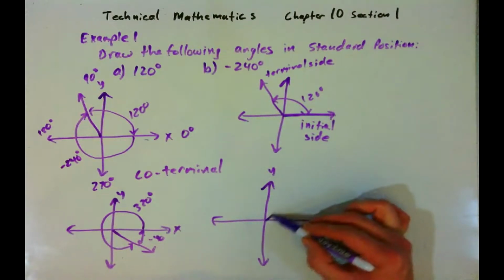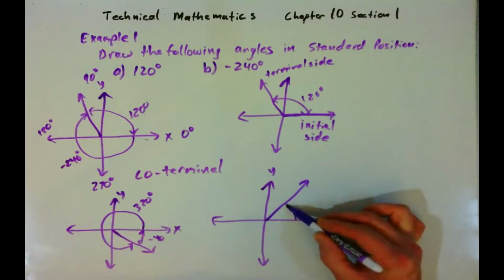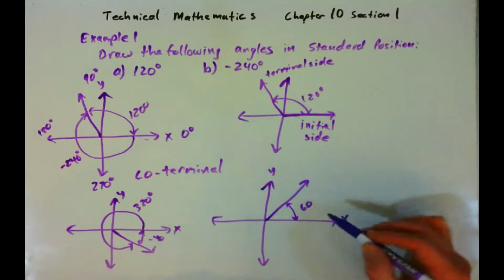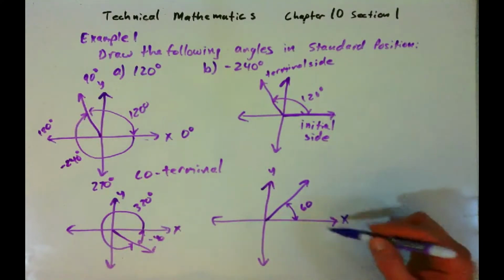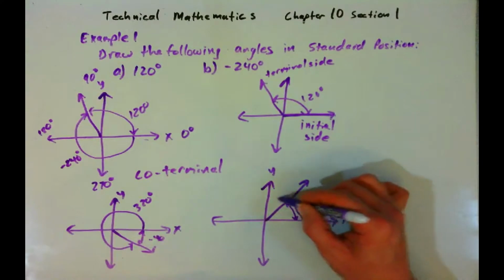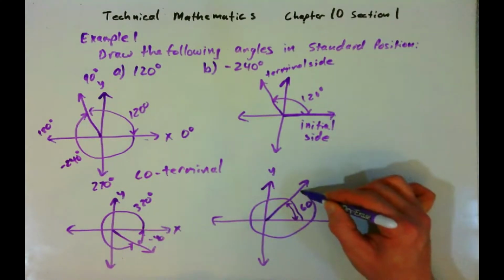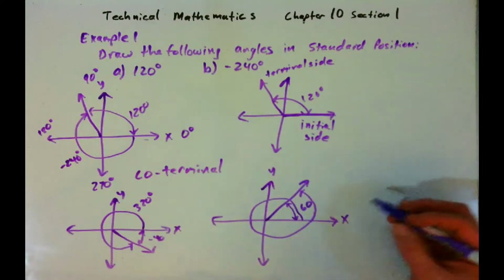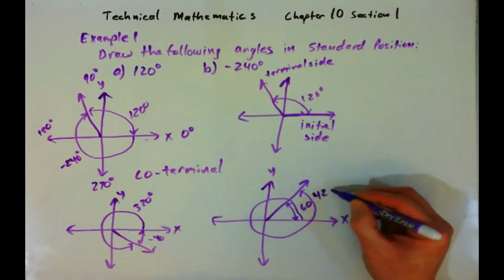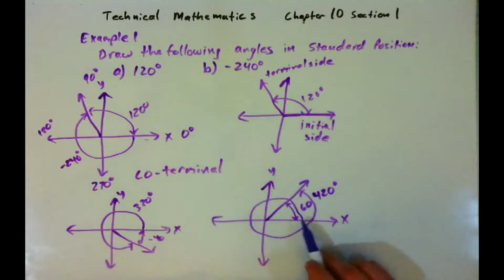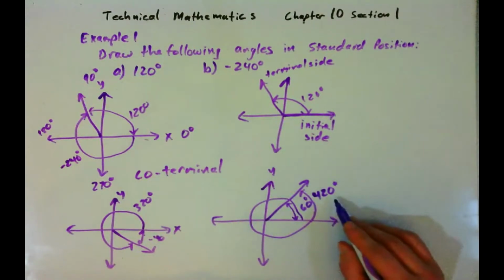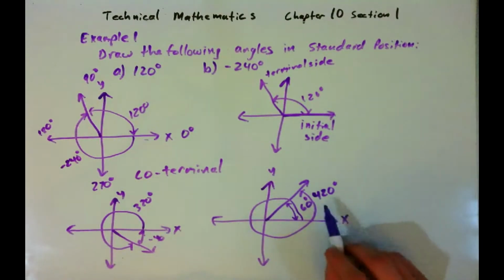Let's say 60 degrees and let's say 420 degrees, which is one complete rotation, 360, plus another 60 degrees. And so 60 degrees and 420 degrees are also coterminal.